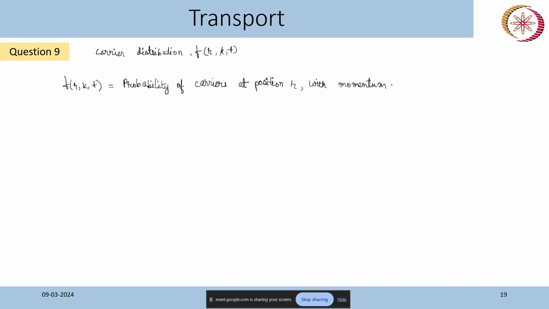That's how it is related to k, and at time t.